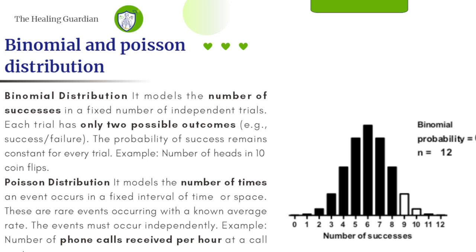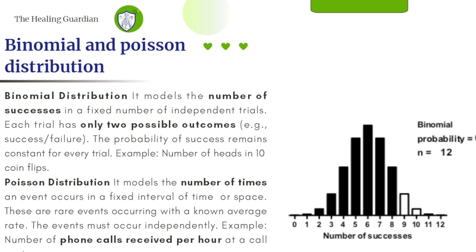Besides normal distribution, just to mention, we also have binomial and Poisson distributions. Binomial distribution, we use it when you are dealing with successes or trials. For example, if you are doing a clinical trial, you have performed a test 10 times, then you find out the probability that a person will heal, or that the test will be successful 7 out of 10 trials.